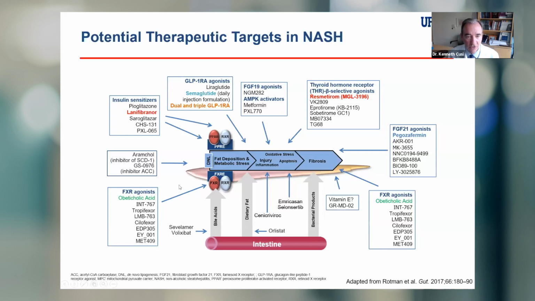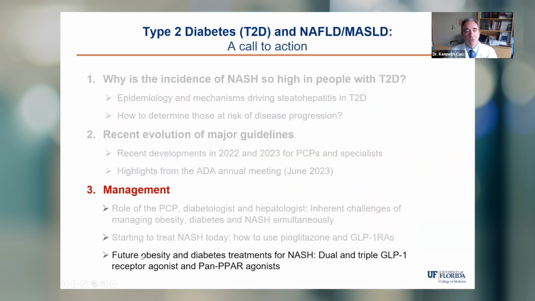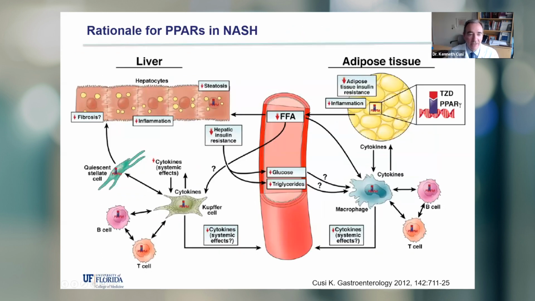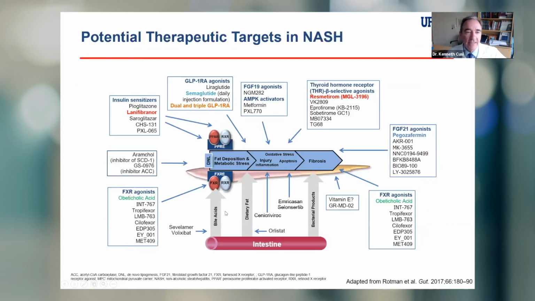Whoops. So let me just go to the previous last point, last 3 minutes. What's going on with dual and triple GLP-1 receptor agonists? I have to say there are many, many drugs in the market. The key thing here is, unfortunately, obeticholic acid and FXRs have not led to what we expected.